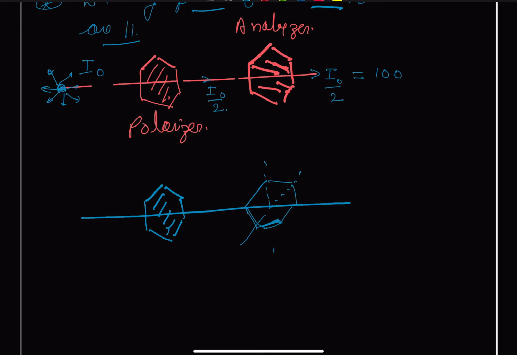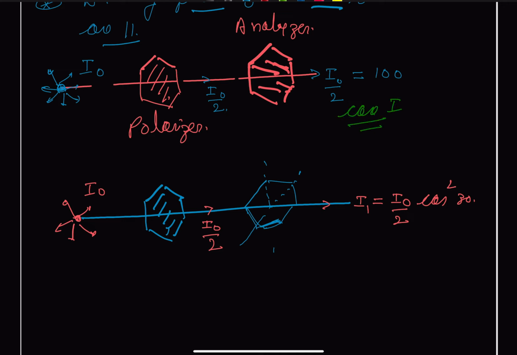And we have a source which is unpolarized. So once again, this is I naught, it will be I naught by 2, and here the analyzer is rotated through an angle of 30 degree, and if the output is given as I1, this I1 will be equal to I naught by 2 times cos square of 30. Let us call this case 1, and this our case 2.